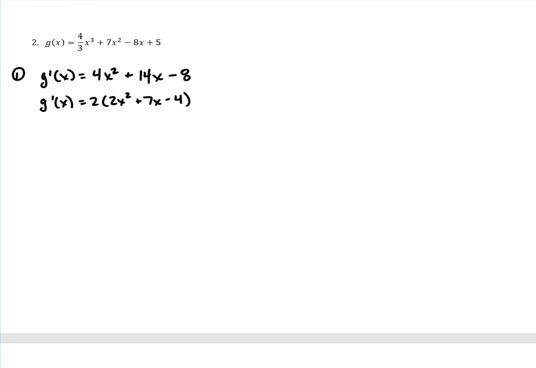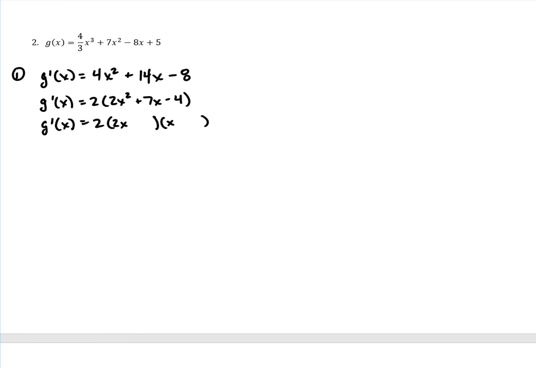Okay, and then we have more factoring because it is a quadratic in there. It looks like it will factor. And so I'm going to use my guess and check method where I see 2x squared means I have to use 2x and x. I see this is minus, so I know I should have a minus and a plus or a plus and a minus.